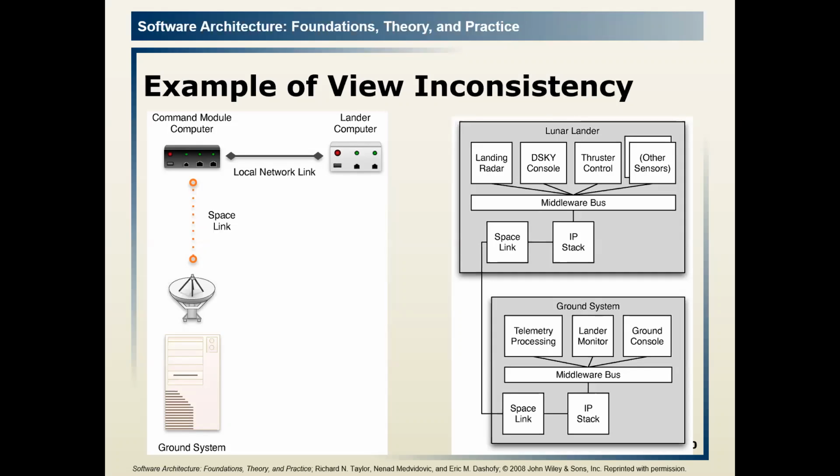But when you look at the implemented model, if you compare the ground model and the lunar lander itself, it doesn't match. It doesn't have all the components that the consoles identified in the architectural model.